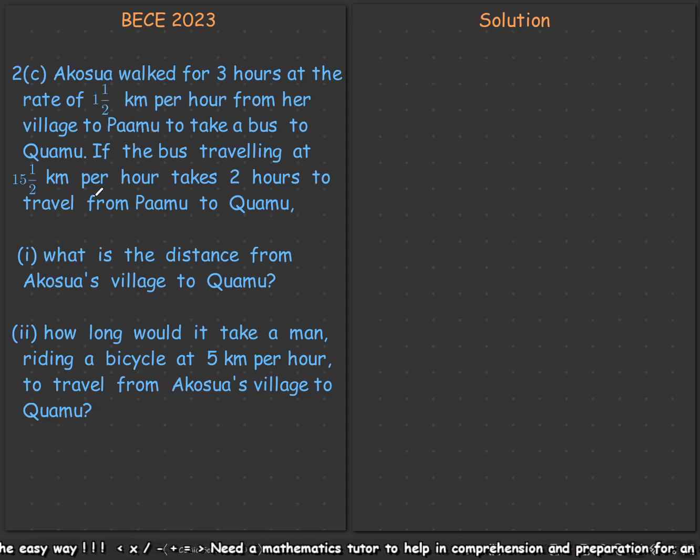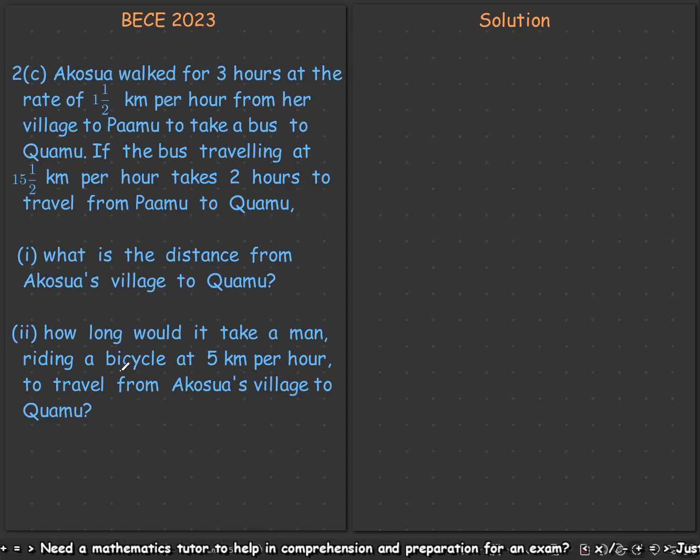Now if the bus traveling at 15.5 kilometers per hour takes 2 hours to travel from Paamu to Quamu, we have to solve for the total distance from the village to Quamu. Then secondly, how long will it take a man riding a bicycle at 5 kilometers per hour to travel from her village to Quamu?